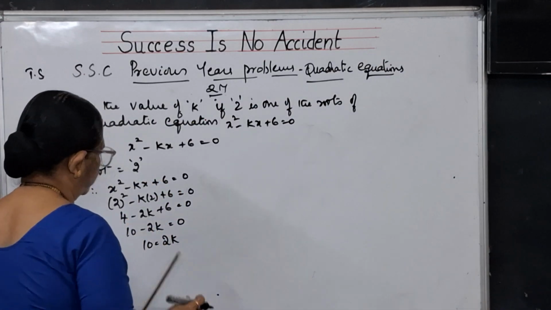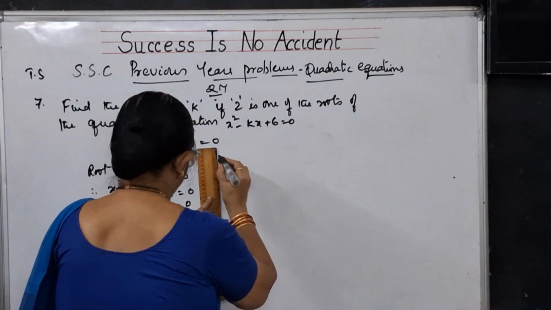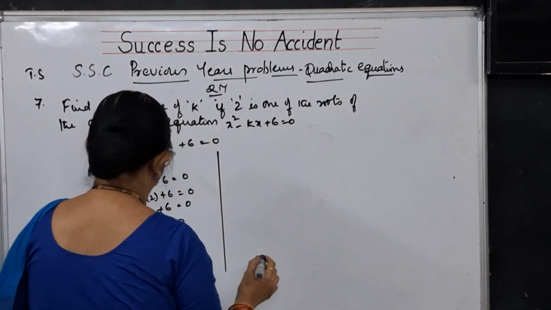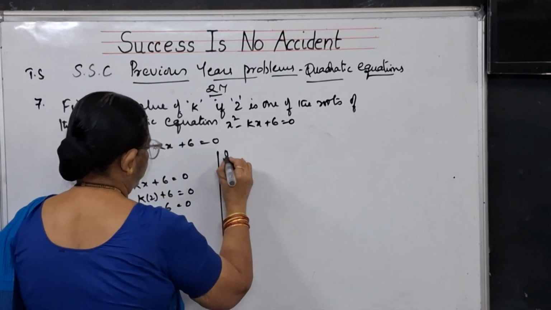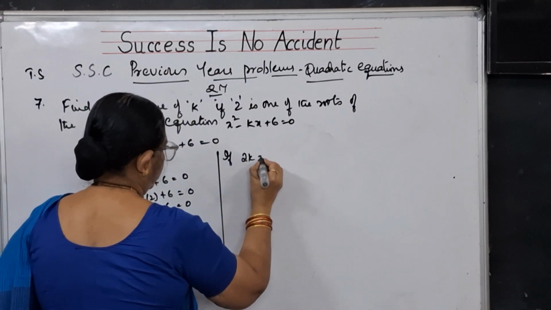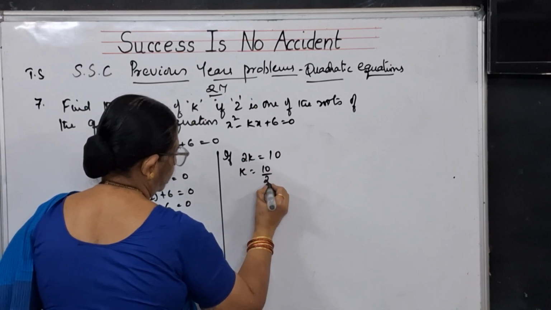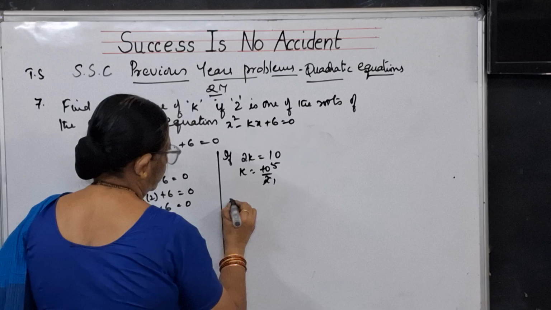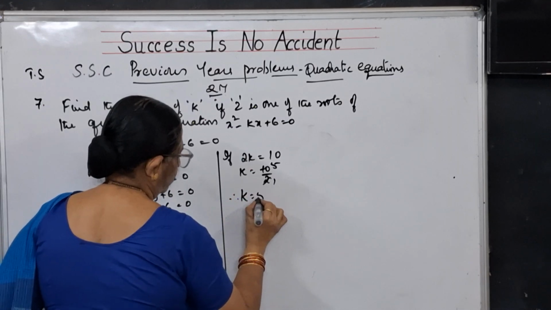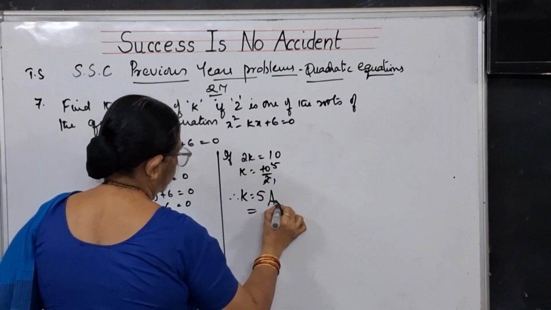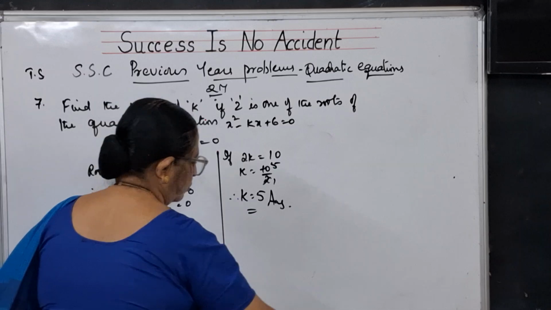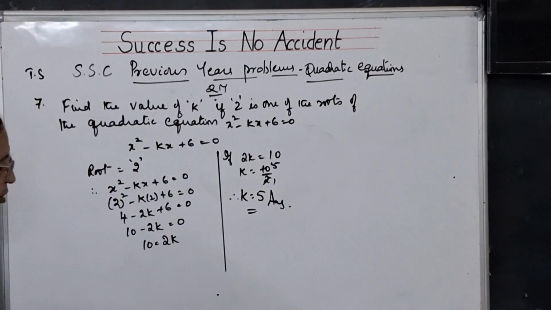So k is equal to 10 by 2, 2 fives are 10. Therefore, k is equal to 5 is the answer for this problem, children. Please copy it.